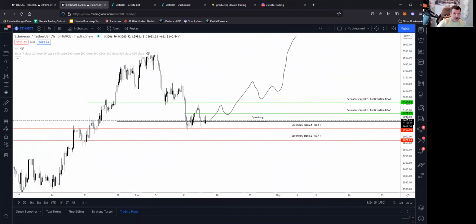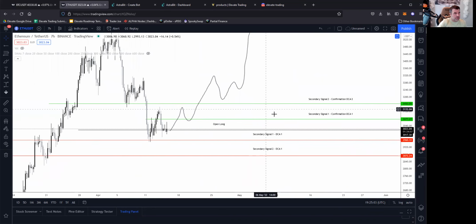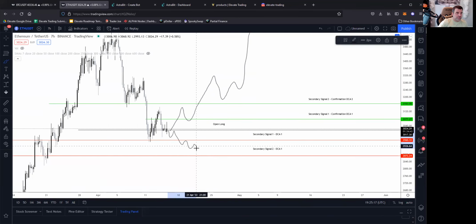So let's look at Ethereum right here. I kind of made this little chart, this little graph here, so to speak. Let's say your Horus bot opens a long right here as the primary signal. And then let's say you have the DCA bot, and it's going against you a little bit, and dips a little bit further, but doesn't signal the short.